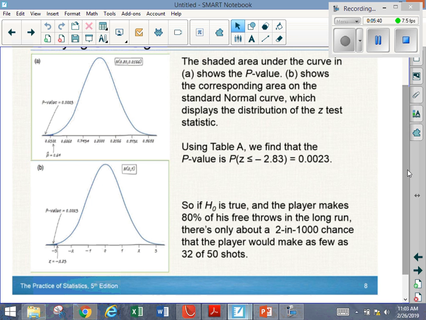So we have convincing evidence that his free throw percentage is actually much less than 0.8. So he's not an 80% free throw shooter, and we do have evidence that he shoots less than 80%. Cool.